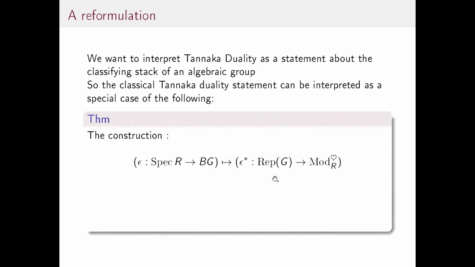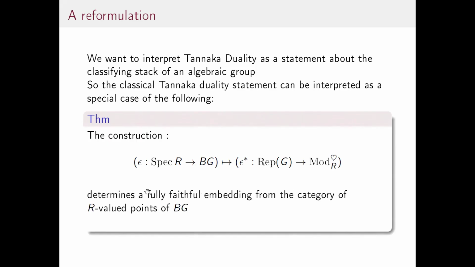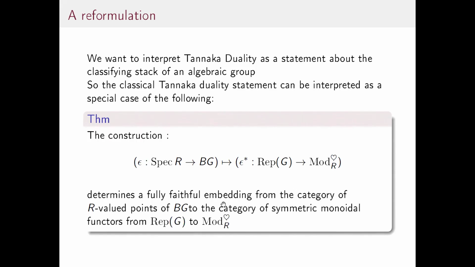Here's a construction: you have a map from Spec R to BG that goes to η upper star from Rep G to Mod R. This determines a fully faithful embedding from the category of R-valued points of BG to the category of symmetric monoidal functors from Rep G to Mod R. This is the subcategory that is spanned by discrete objects.